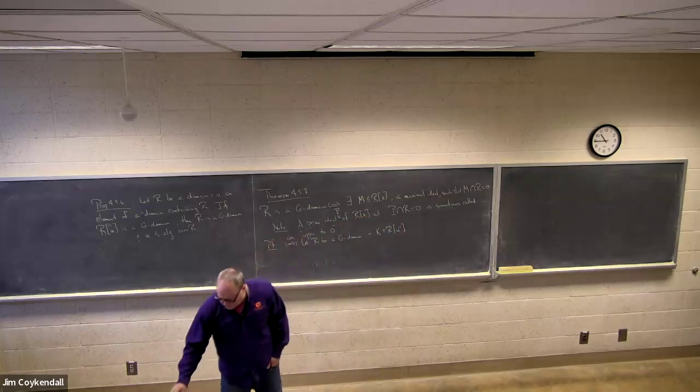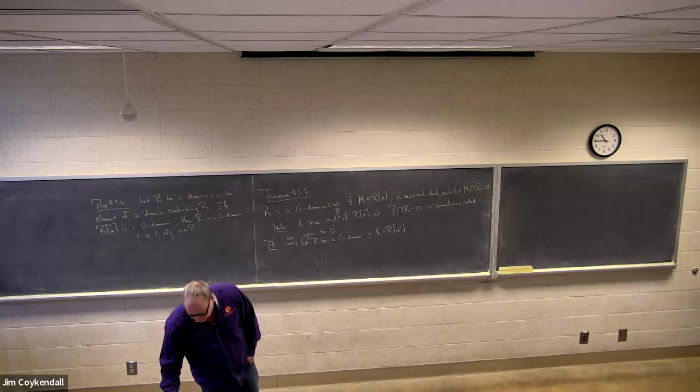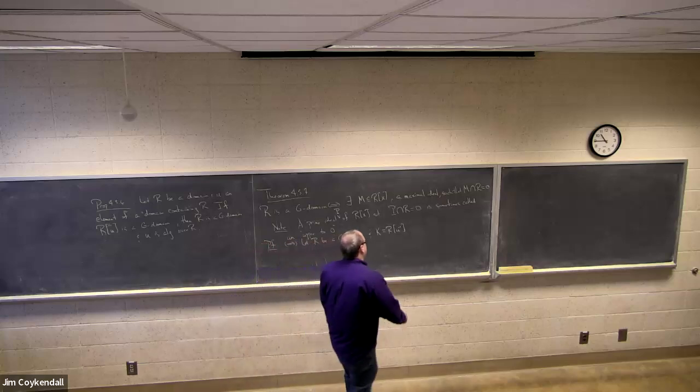Using our usual notation, we can map R[x] to K by identifying X with U inverse.